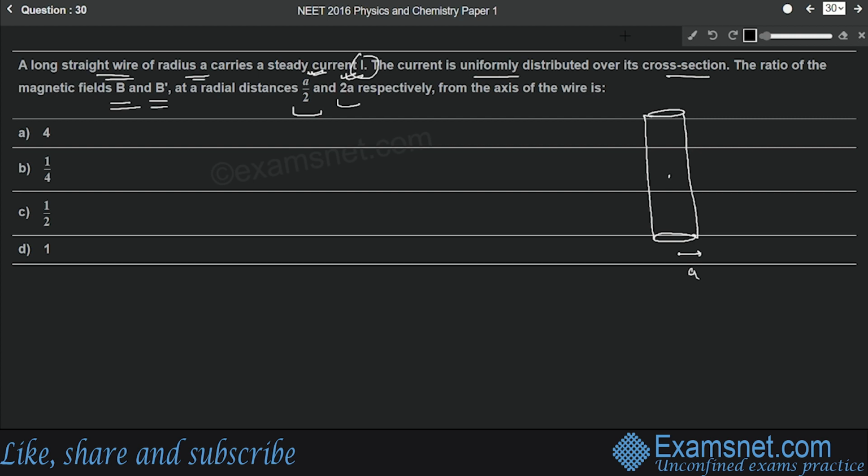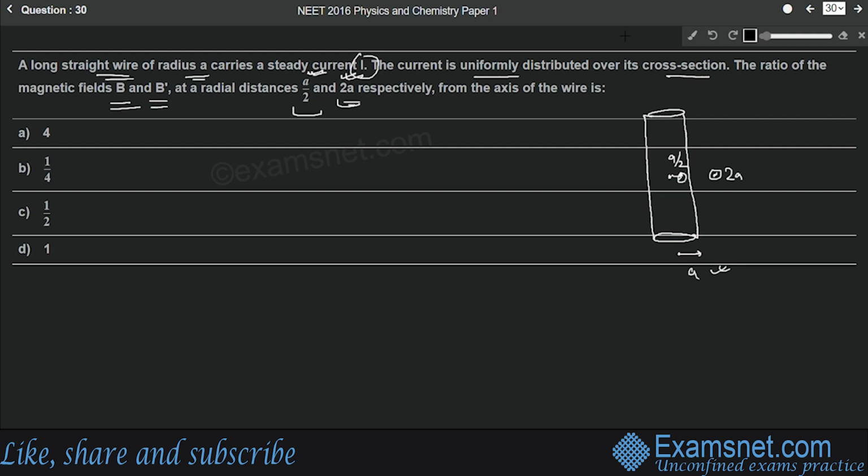That means if this is the center, then this A by 2 will be somewhere inside the wire. Okay, because the radius is equal to A, so A by 2 will be inside the wire. Okay, so this is the point A by 2, and the second point is at a distance 2A. That means it will be outside the wire, okay, somewhere here. So these are 2 points.